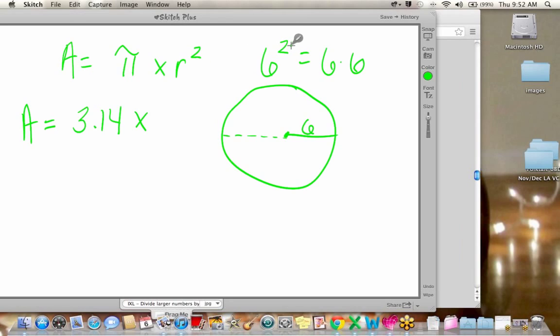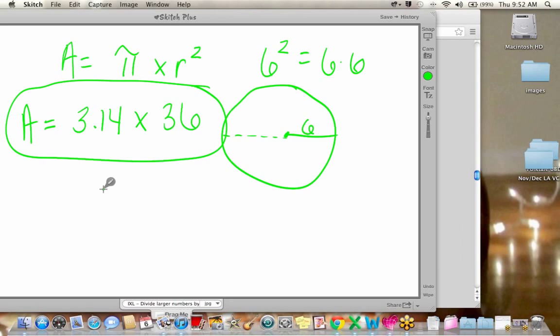Or 6 squared. Perfect, it is 36. So now to figure out the area, I have to do 3.14 times 36. So I would go over here, and I want everyone to do this, and just make it a multiplication problem. Go for it.